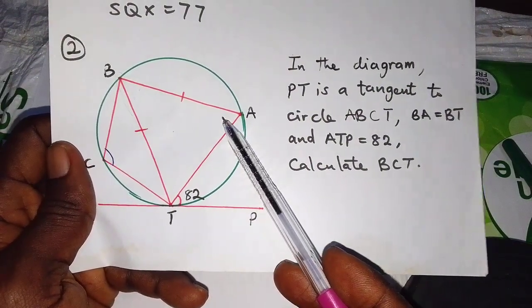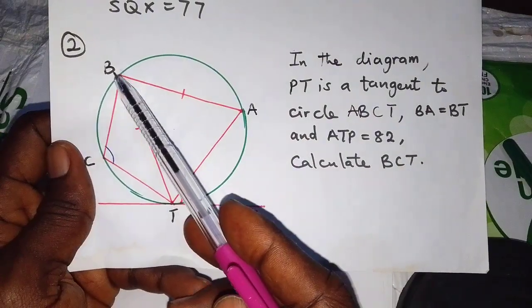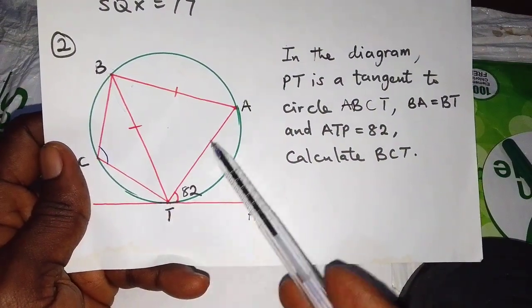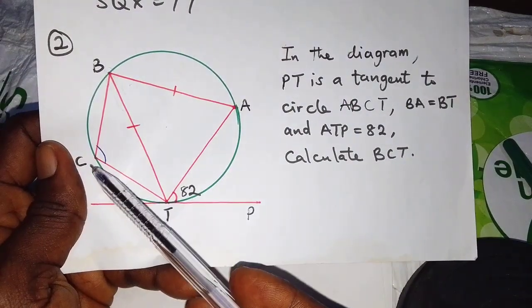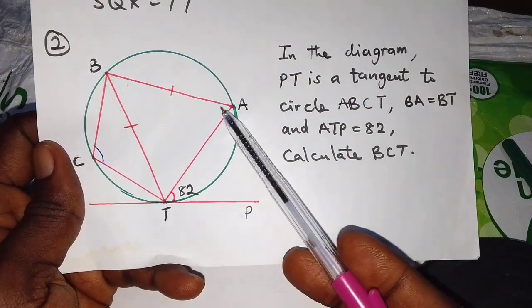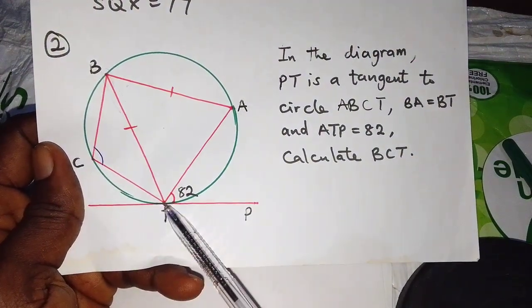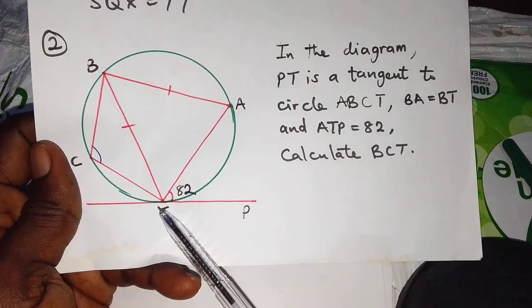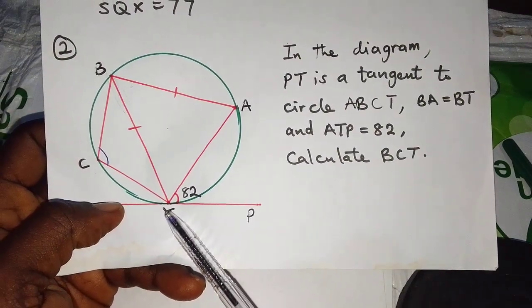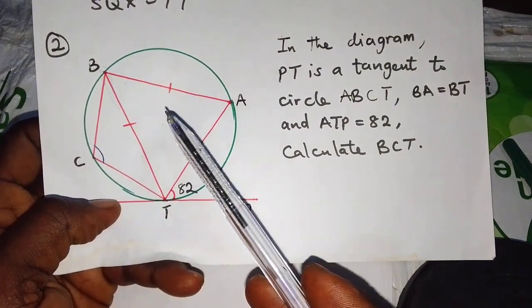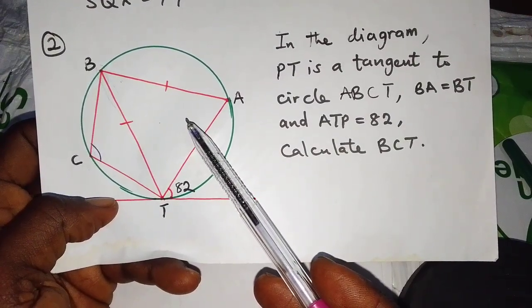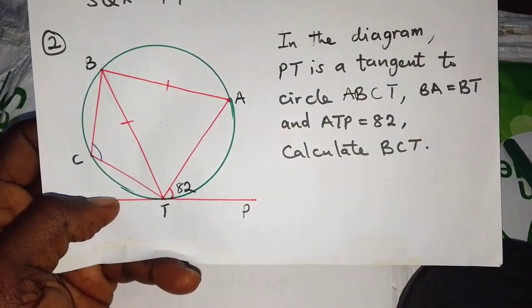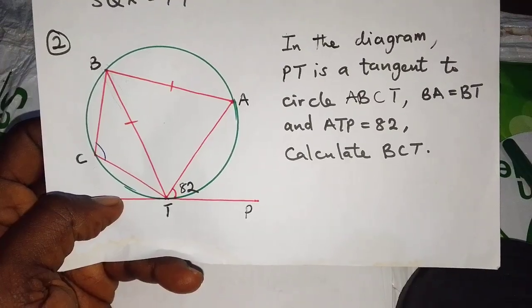Now if you consider the whole shape in the circle, this one gives us a quadrilateral. This one gives us 1, 2, 3, 4. It has 4 sides. That is a quadrilateral. And one of the theorems says that opposite angles of a cyclic quadrilateral add up to 180.